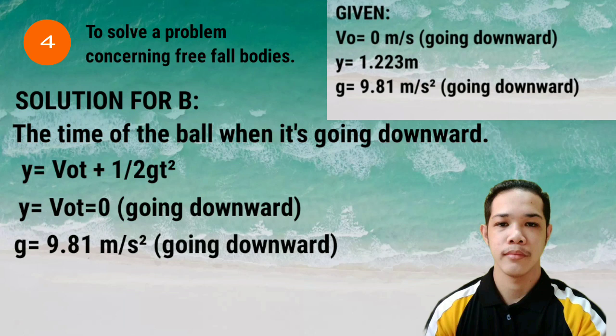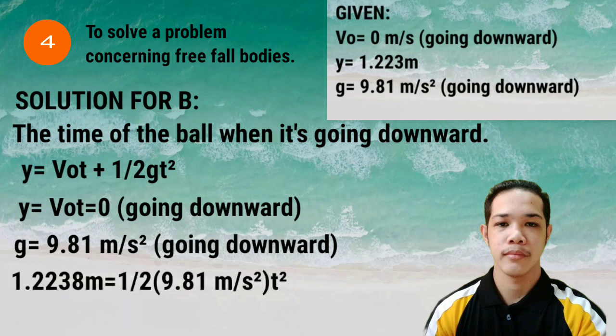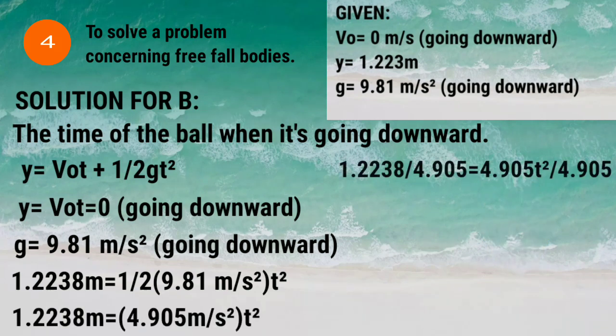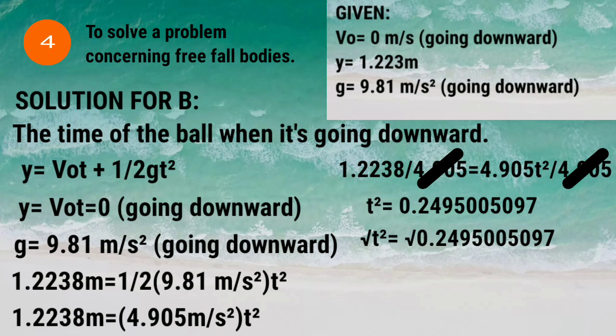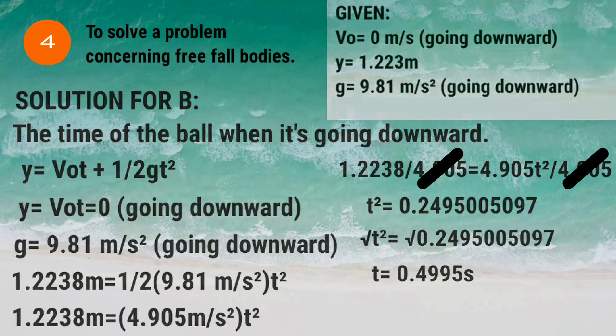Then substitute the given values: 1.2238 meters equals 1/2 multiplied by 9.81 meters per second squared multiplied by t squared. By using your calculator, input it directly, and using shift solve, the value of t is 0.4995 seconds. It's the same because it is thrown and returned at the same elevation.